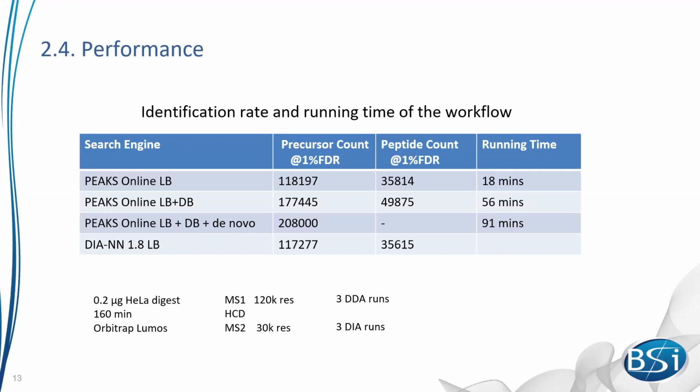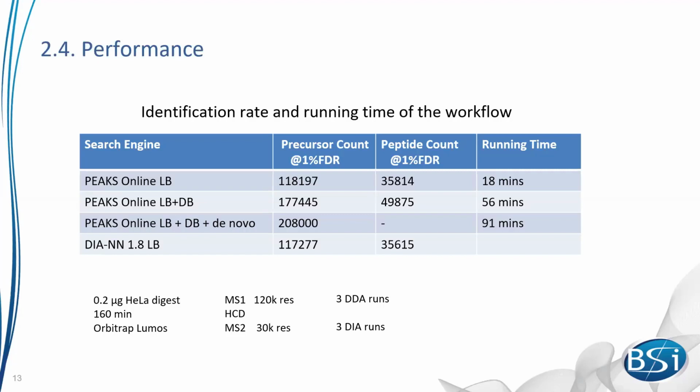If we get the data library and do the direct database search for those data, it only takes less than 1 hour, and including de novo sequencing it takes 1.5 hours, which is much less than the machine instrument time.